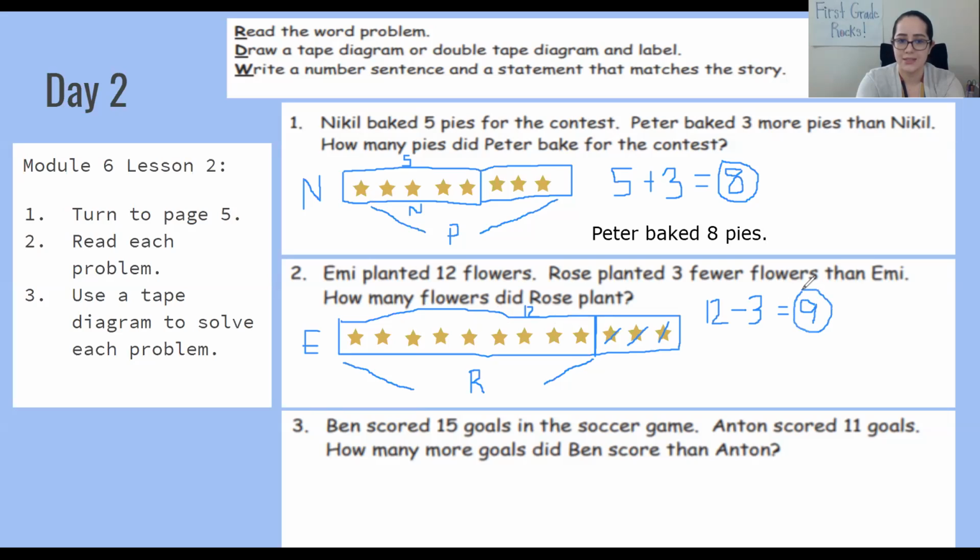So Rose planted 9 flowers. So I'm going to go ahead and write my statement to answer how many flowers did Rose plant. So Rose planted 9 flowers.